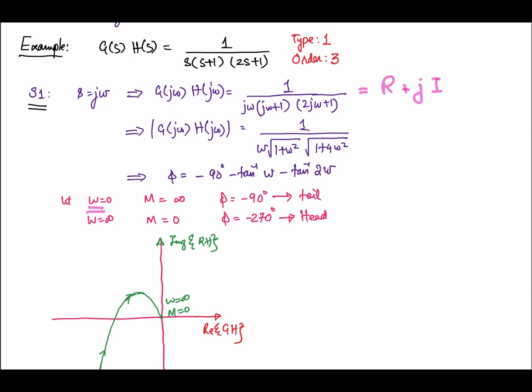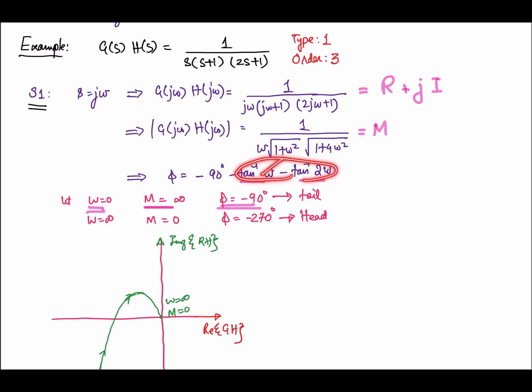If omega is equal to 0, then if you look at this equation, let's suppose this is M, the magnitude, so the magnitude will be infinite, and for this value of omega, if you look at the phase equation, you will see that the phase is going to be minus 90 degrees, right? This part is going to become 0, and this part is going to become 0.